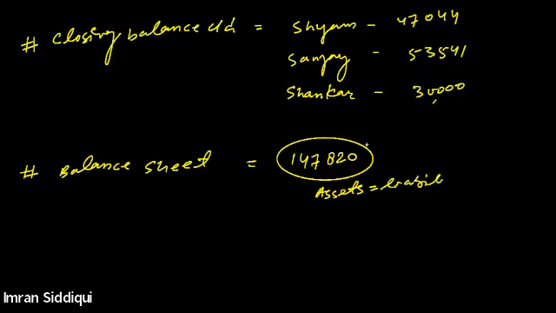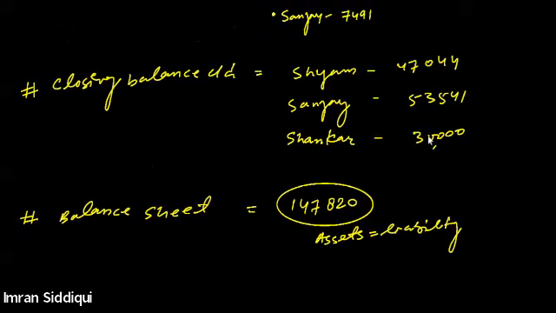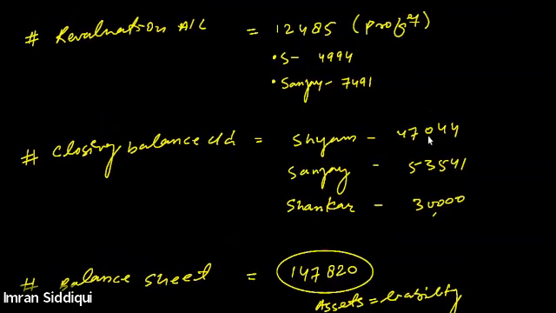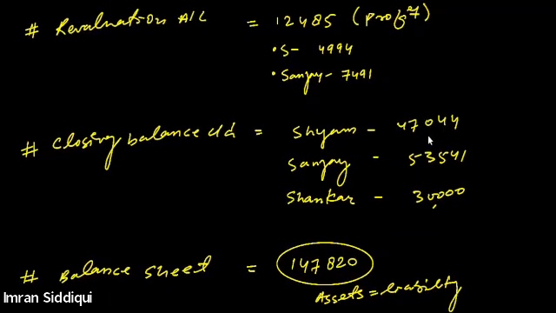Got it, Sania and Aman? Yes, sir. Note this down somewhere so that when you solve this question, you will be able to tally your answers. Noted? Yes, sir. Okay.